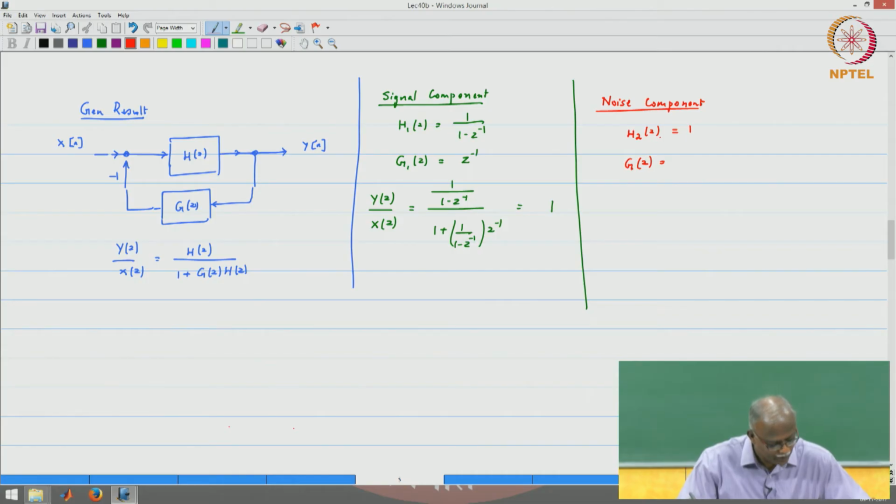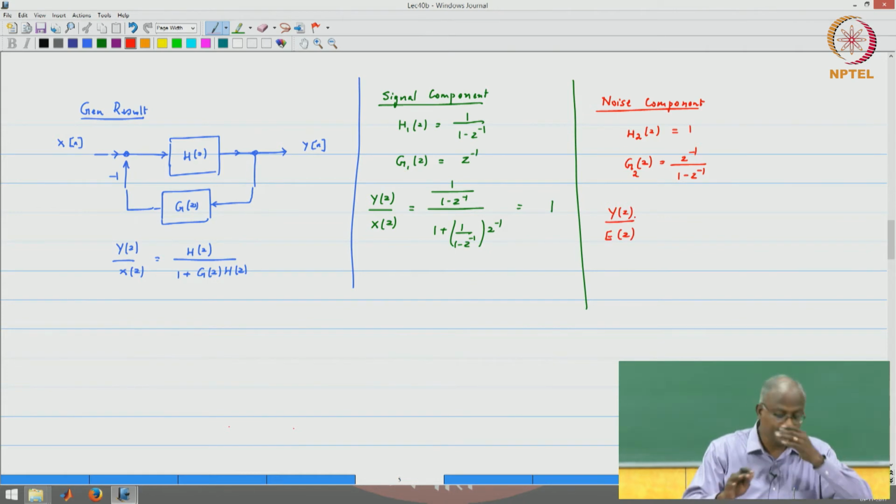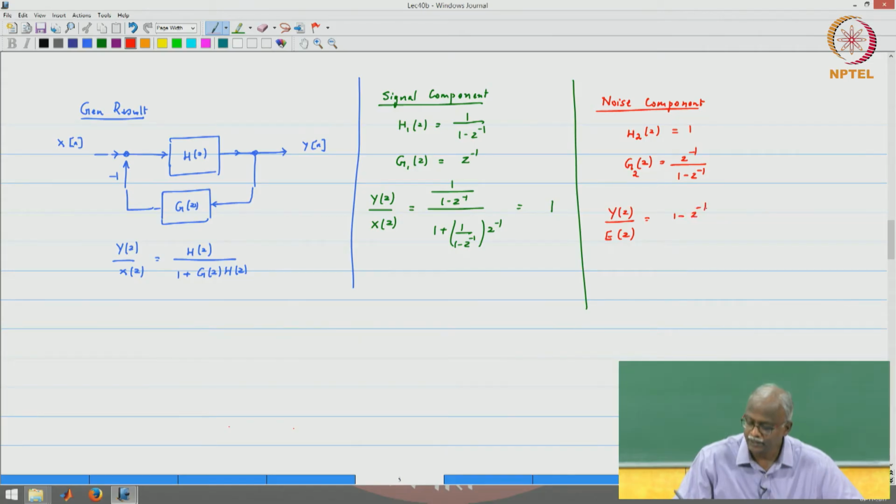So, this will be equal to G2(z) which is z inverse divided by 1 minus z inverse, okay, and Y(z) divided by E(z), assuming there is no input x, I am just doing the analysis for this, comes out to be 1 minus z inverse. You just apply that. Okay.